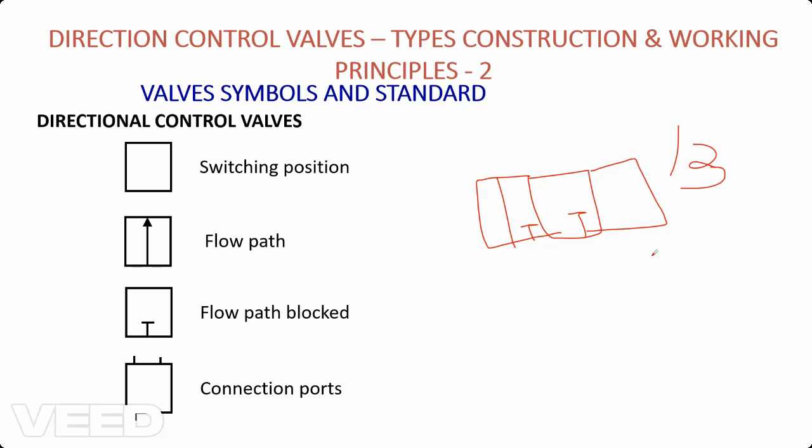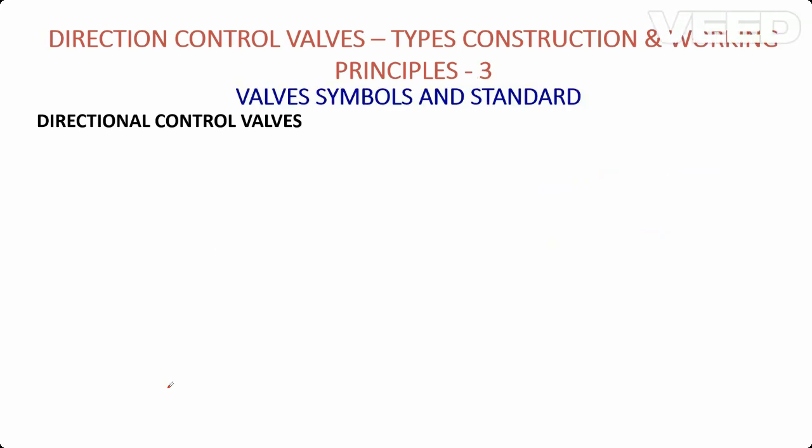So if I have a single box, I call it a single position. A double box, I call two positions. The number of connections, I call 4, 3, and so on. Based on this, I can say this is a 4 by 1 direction control valve. Based on this, all the other components we can identify.